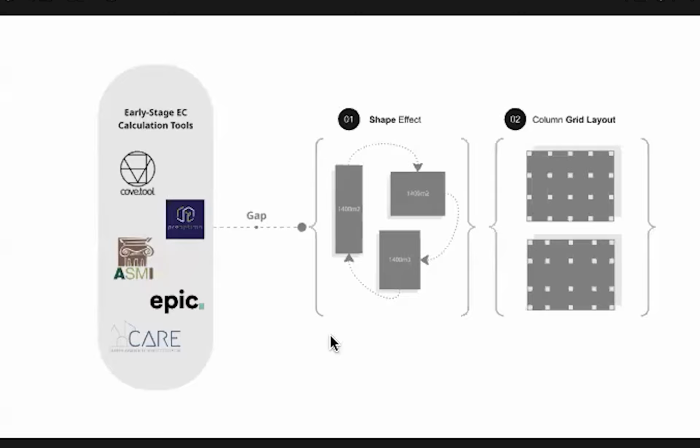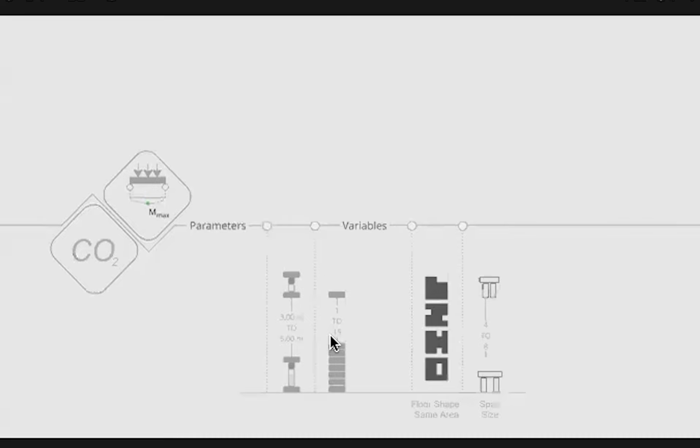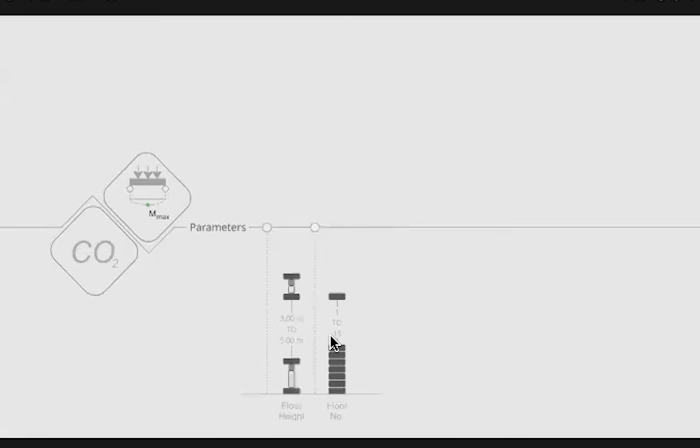Based on this idea, we started building our own tools. The tools can have two objectives, which are CO2 carbon reduction and the other one, maximum bending moment. However, we are working on that one. I consider a little bit of a step back based on a publication, because right now we are working on structural volume instead of maximum bending moment. And in this tool, we have parametric data.